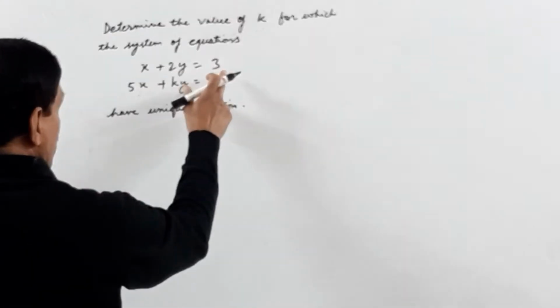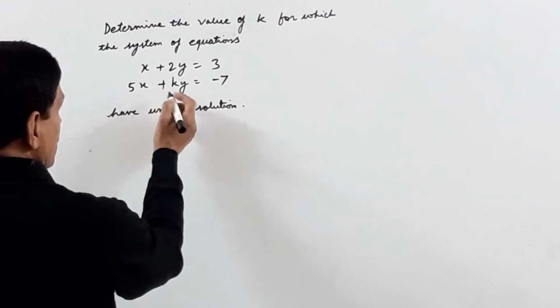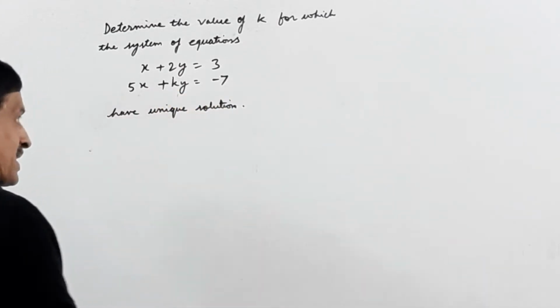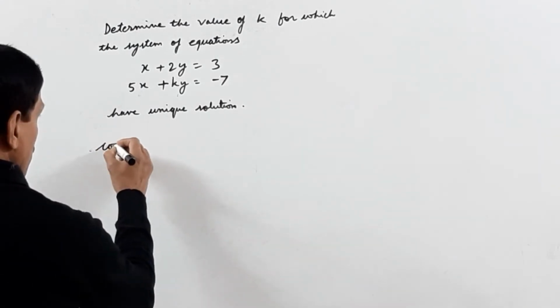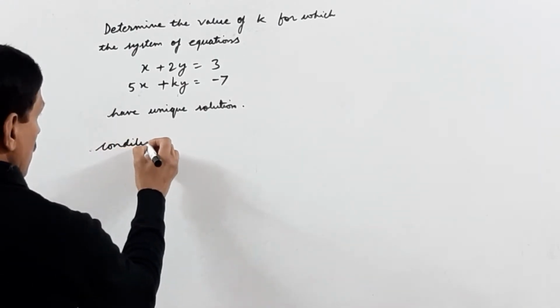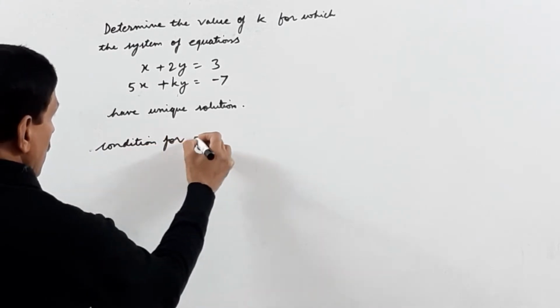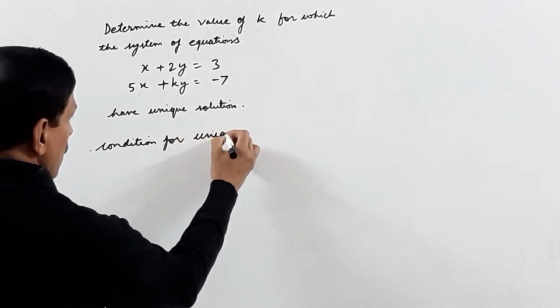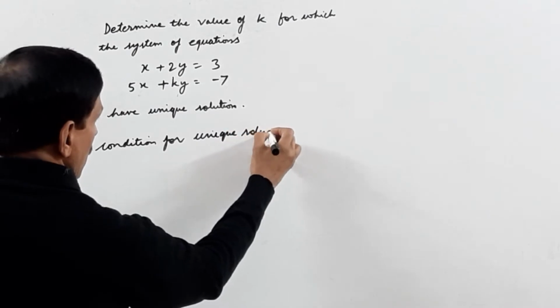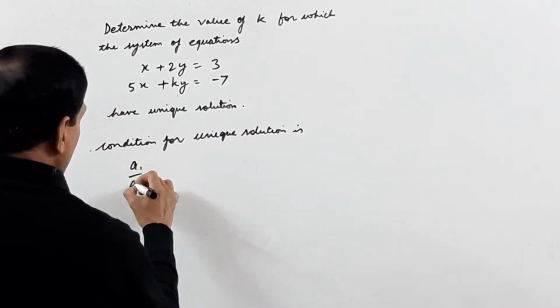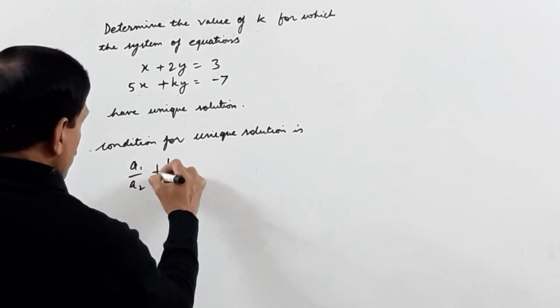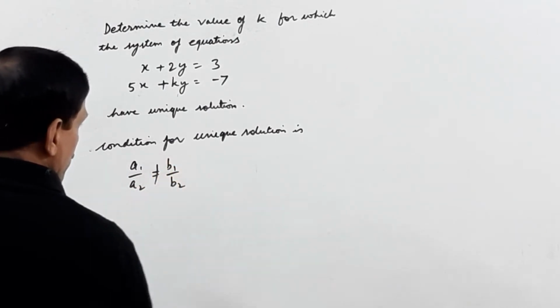In the next problem, we will determine the value of k for which the system of equations x + 2y = 3 and 5x + ky = -7 has a unique solution. The condition for unique solution is A1 upon A2 is not equal to B1 upon B2.